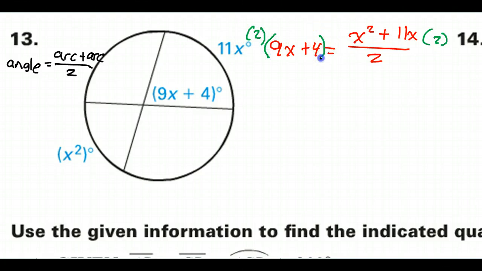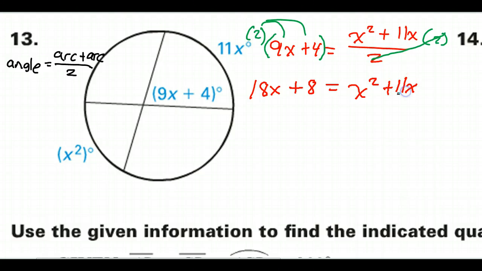Don't forget to distribute this one, but these 2's will cancel out. Distribute this 2, so that's going to give me, switch back to red, 18x plus 8 is equal to x squared plus 11x.